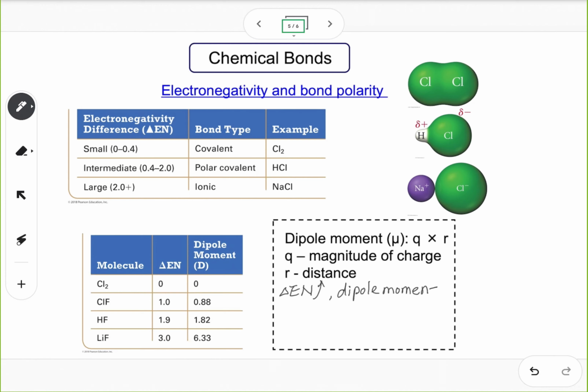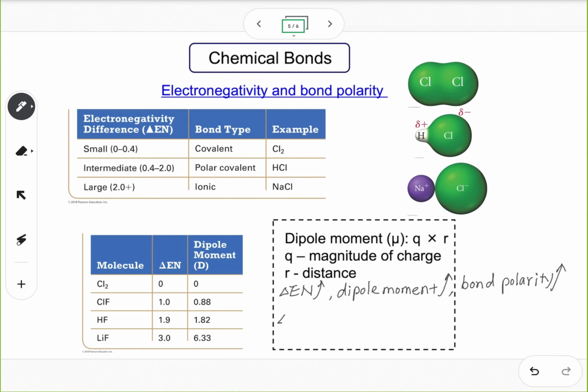Moments will also increase, and that means bond polarity will increase.